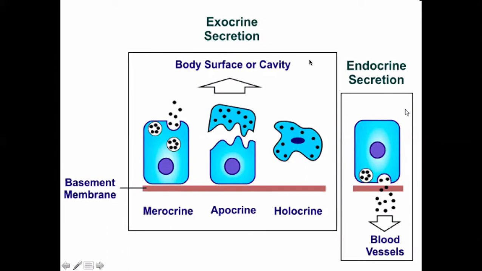Whereas exocrine glands are divided into three types. We have the merocrine, where just a pinch or a portion of secretion is given to the ducts. Whereas in apocrine, a part of the cell is given. Whereas in holocrine, the whole thing is given. Holo means whole.